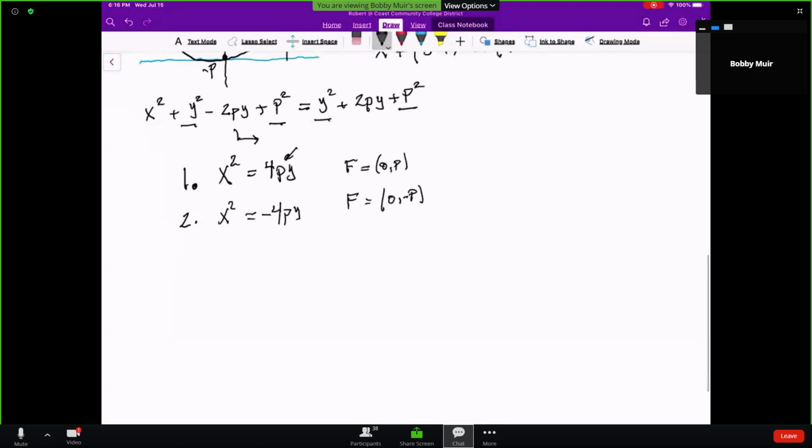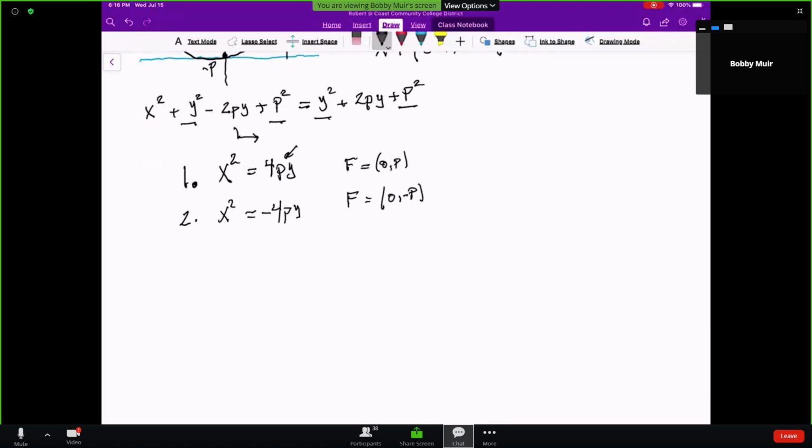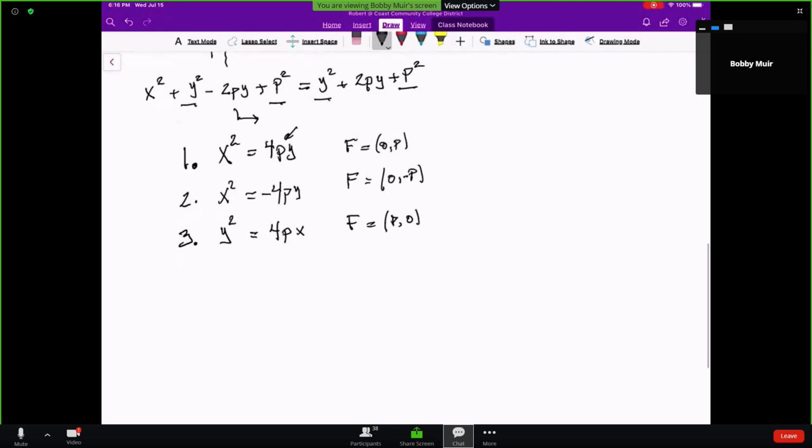Okay? If the focus is on the x-axis, we're going to get y squared equals 4px, and now this is the focus at the point (p, 0).